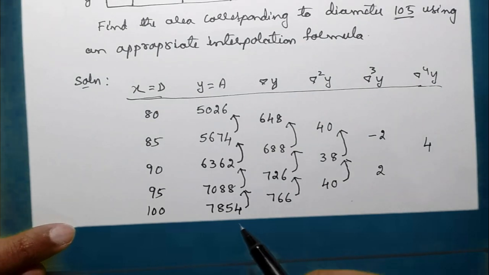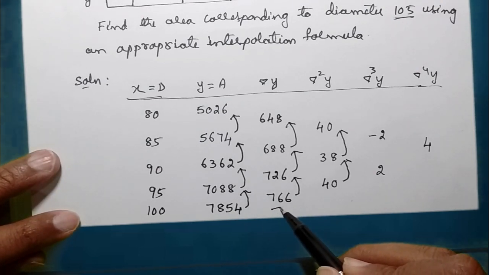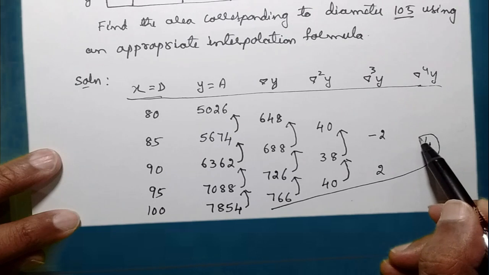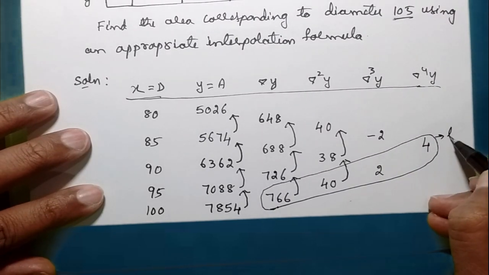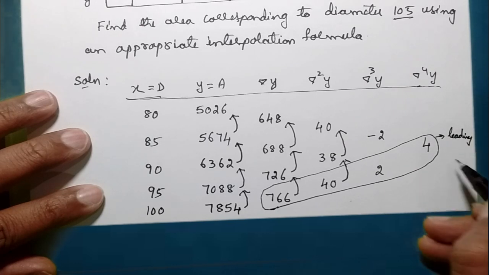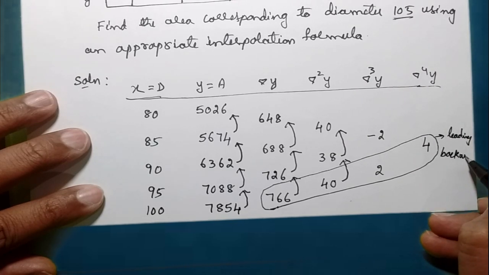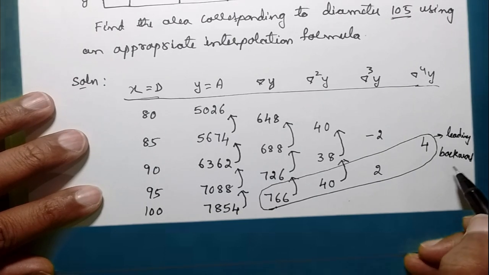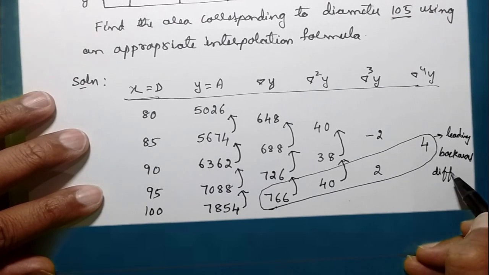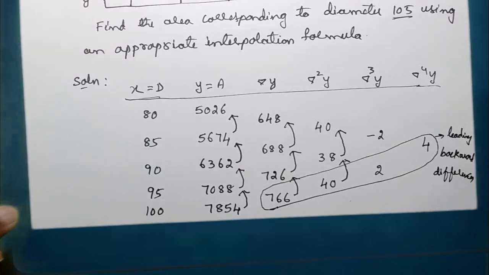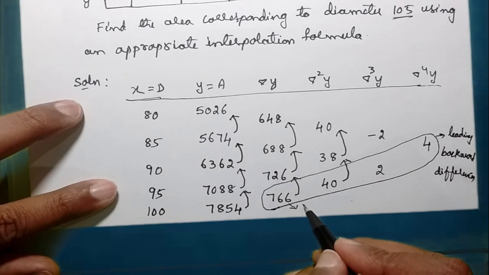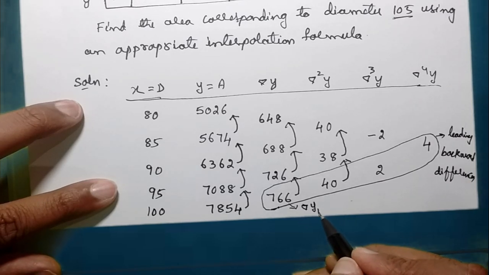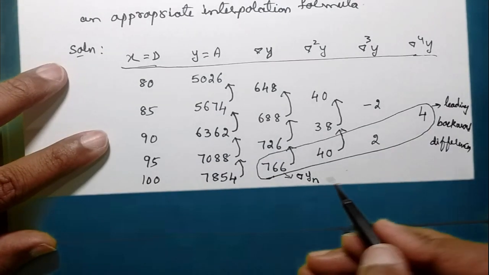So this is your backward difference table. Because it is a backward difference table, you have to take these final values. These values are called the leading backward differences. This will correspond to the first backward difference, which we represent as nabla yn.